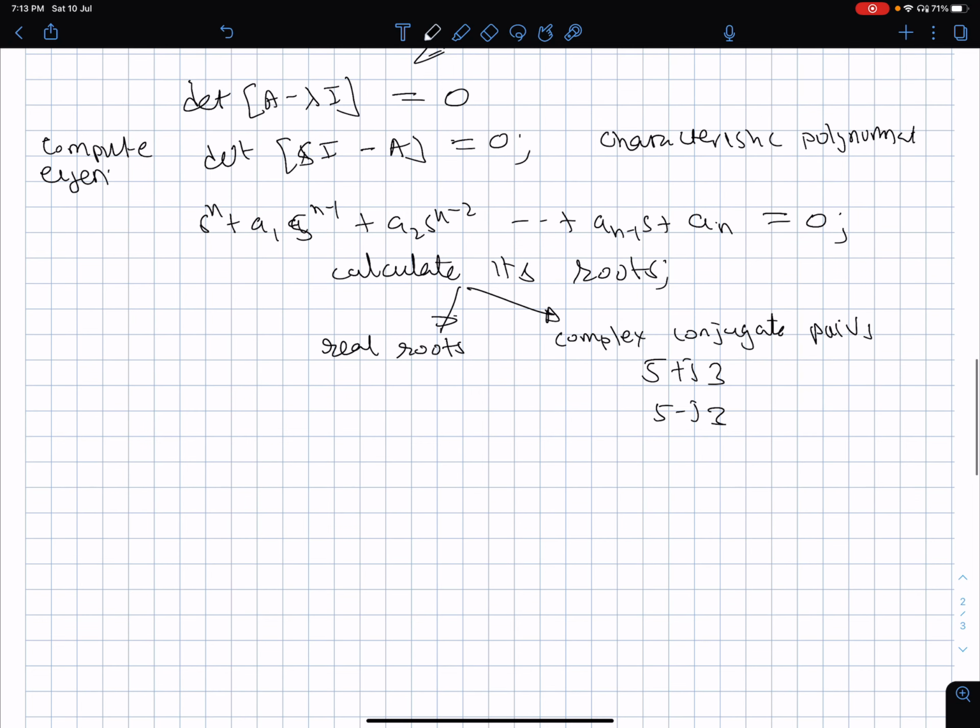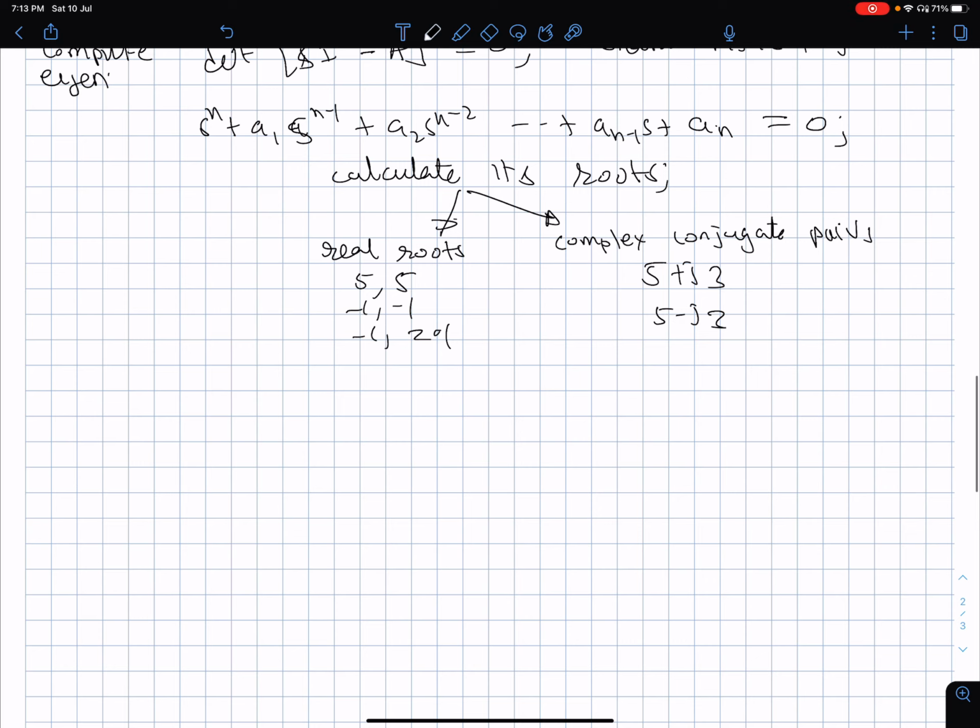Roots could be repeating, like 5, 5, or different, like minus 1, 2.1, anything. So everything is possible. If there are n such roots, this characteristic polynomial can be written as s minus lambda 1 into s minus lambda 2 and so on up to s minus lambda n, equal to 0.